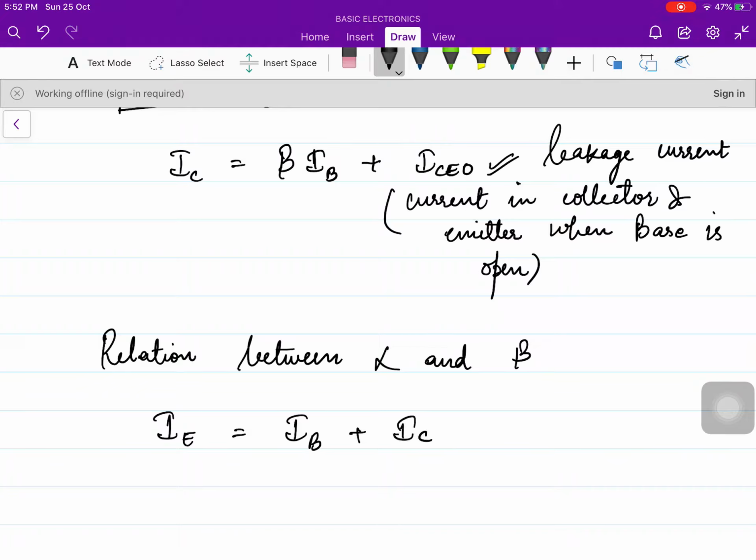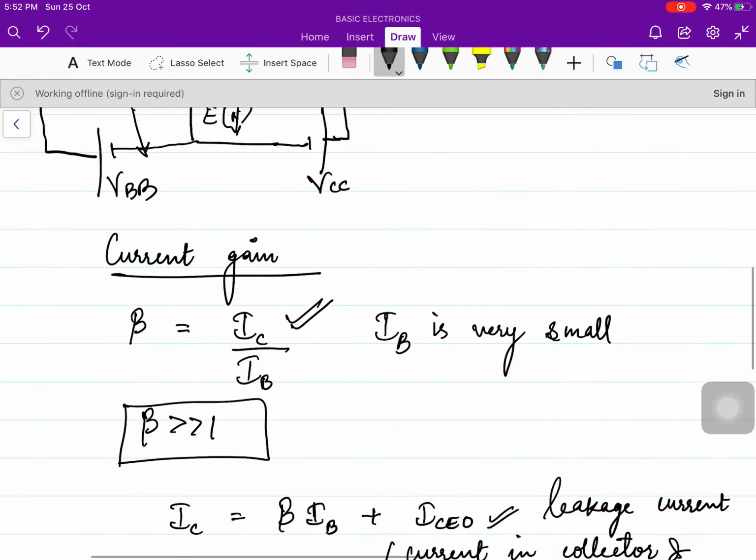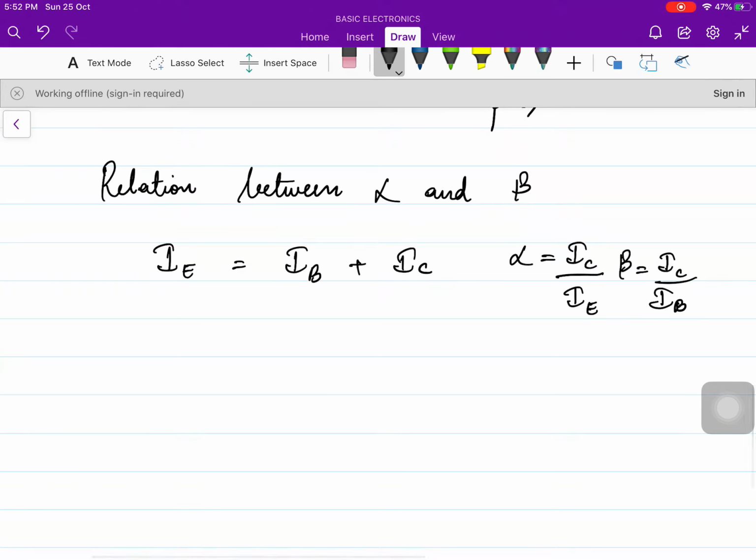And now if we want to derive the relation between alpha and beta, first of all we will write the formula of alpha, that is IC upon IE, and then beta, which is equal to IC upon IB. Okay, now if you want to derive the relationship between alpha and beta, just see which of the currents is common for both the formulas. So you can see here that IC is common.